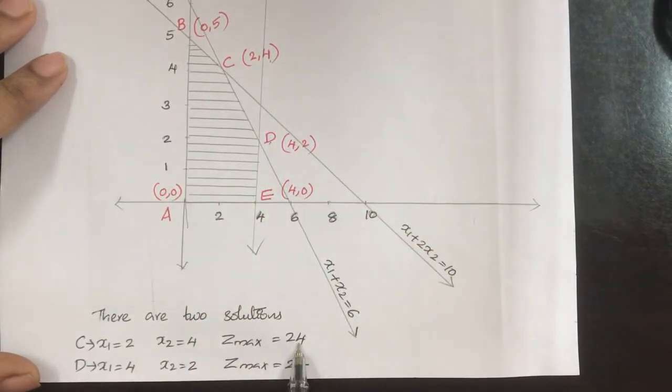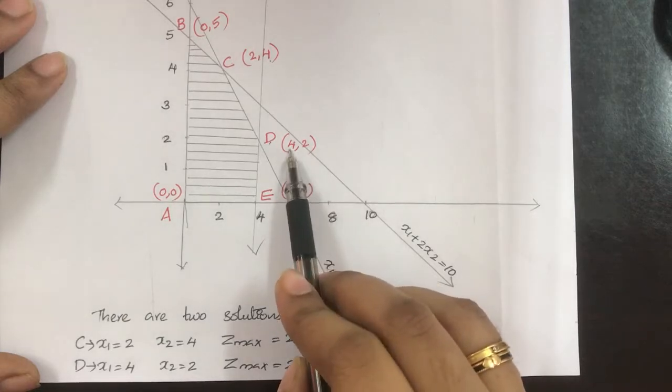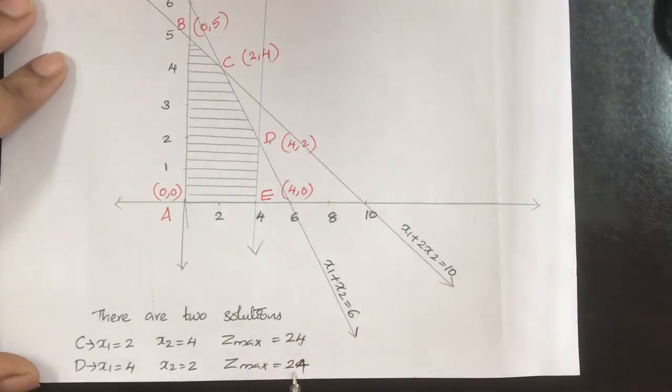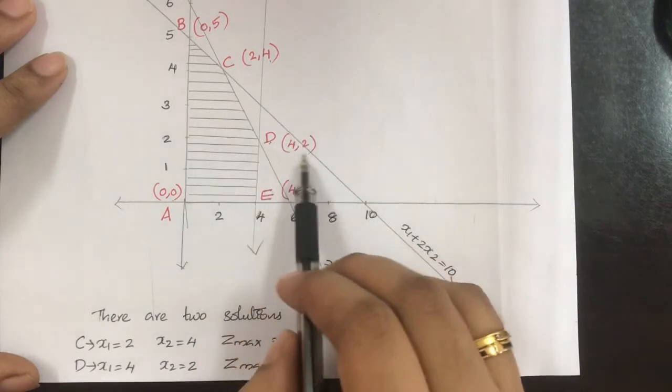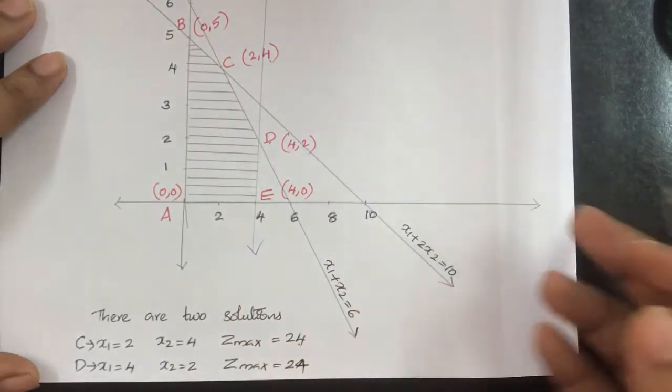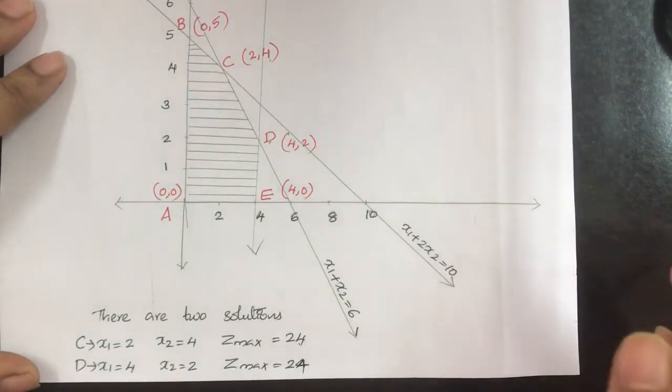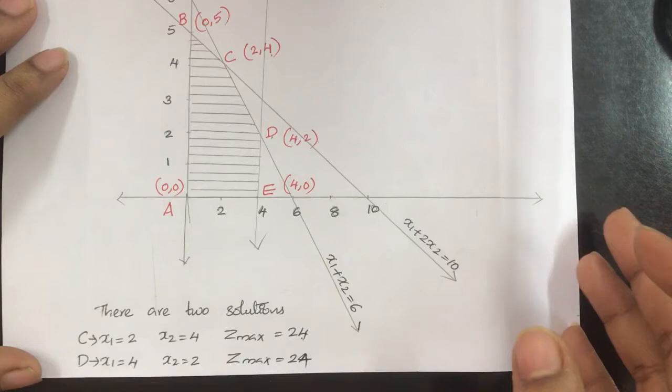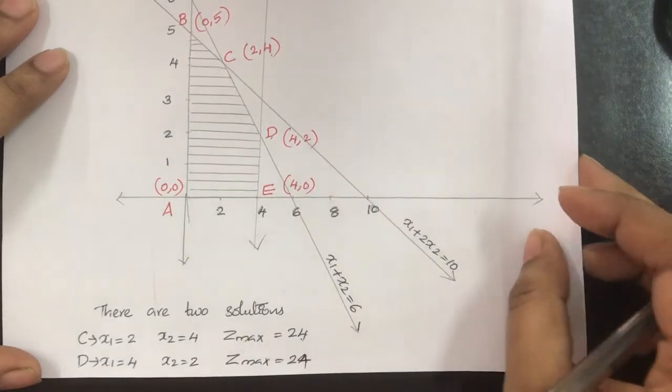Here also Z max is equal to 24. D is x1 equal to 4 and x2 equal to 2. Here also Z max is equal to 24. In simplex, we will get only this solution. So there exists another set of solutions to the problem. That is the multiple solution type in LPP.